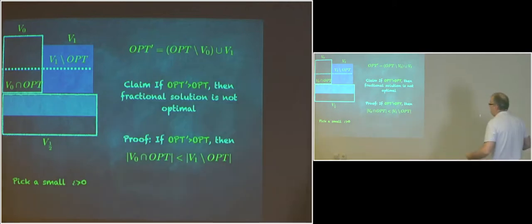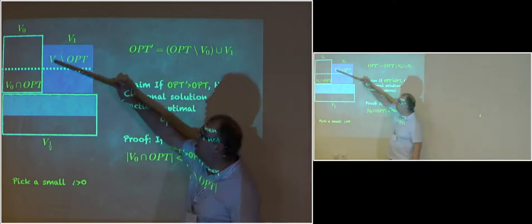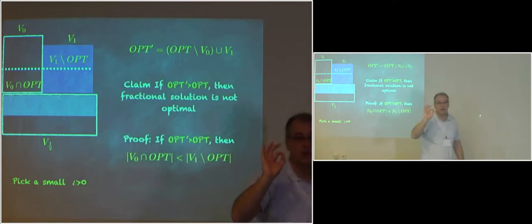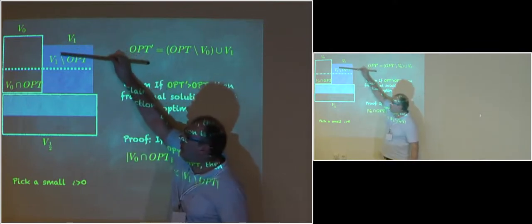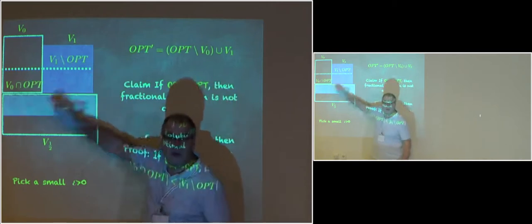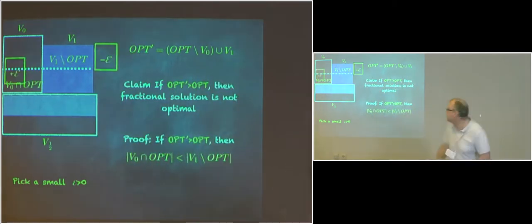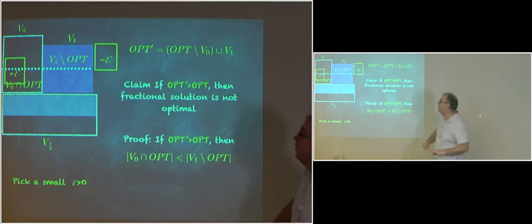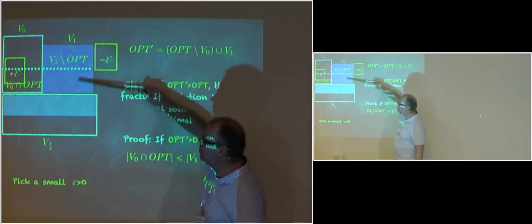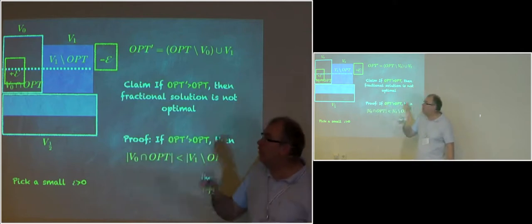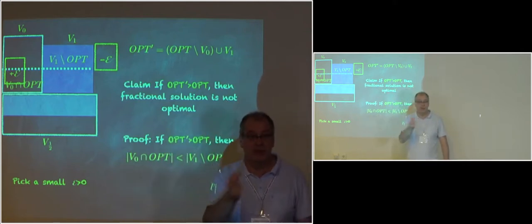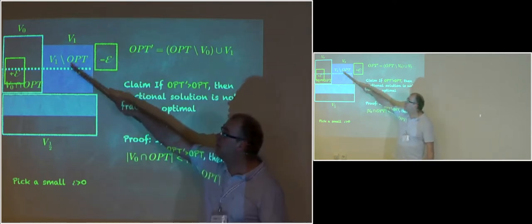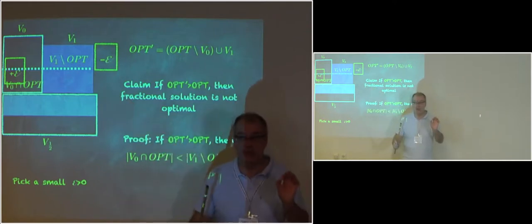But then, if the number of guys living here is larger than the number of guys living here, I want to pick a small epsilon to decrease the value of these guys a little bit here and increase the value of the guys a little bit here. What do I mean by a small epsilon? All the guys living here have values larger than 1/2, so there exists a small epsilon such that for any guy here, its value minus epsilon will still be larger than 1/2.